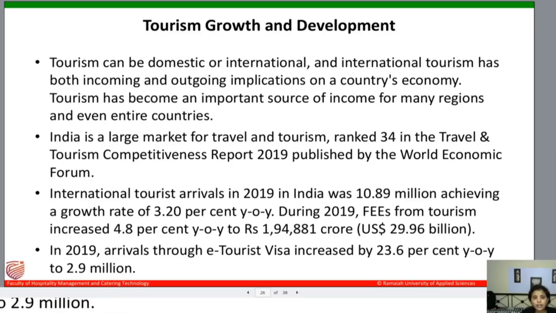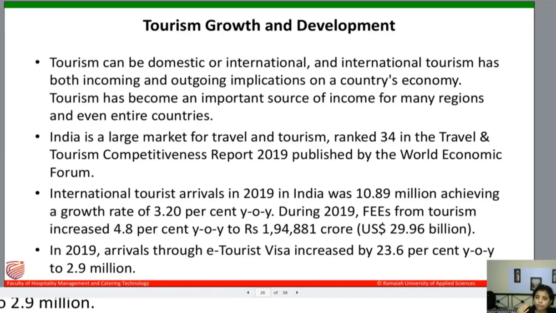So I will quickly highlight that the international tourist arrivals in India in 2019 were 10.89 million. I would emphasize why the data is mentioned for 2019: because in 2020 and 2021, because of the pandemic, this particular industry has been hit in a very bad way.